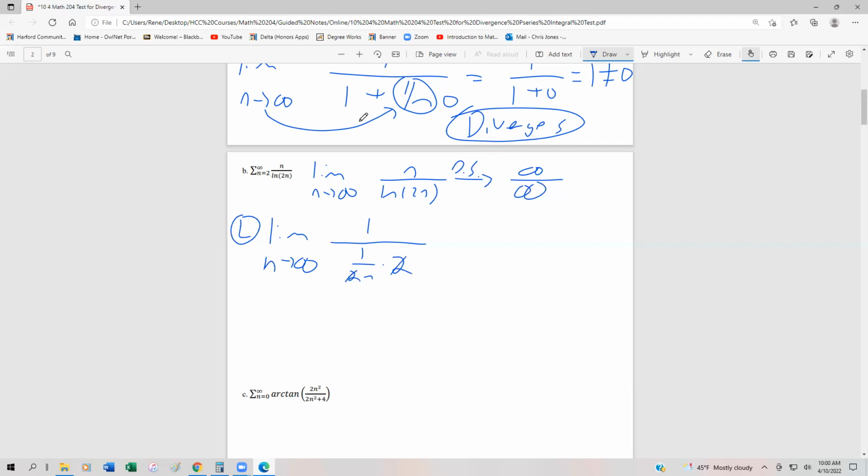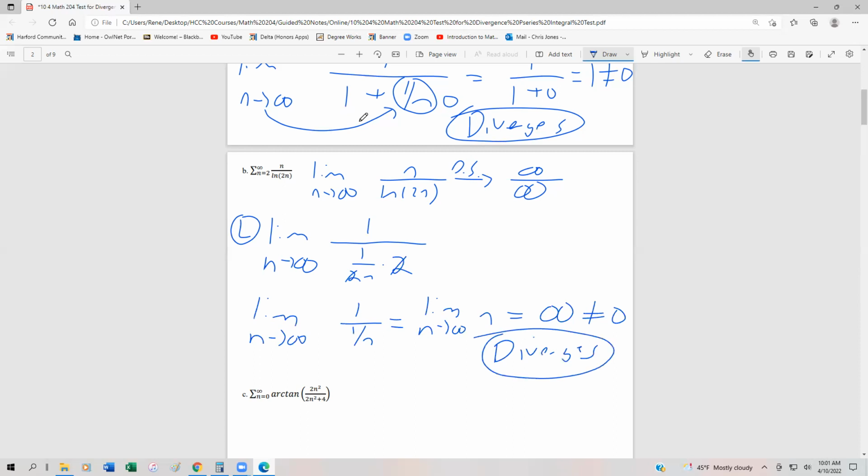Now the 2's cancel out, and we are left with the limit as n approaches infinity of 1 over 1 over n, which is the same as the limit as n approaches infinity of n, which is just going to be infinity, which is clearly not equal to 0. As soon as we see that the limit of the sequence does not approach 0, we can say again that it diverges by the divergence test.